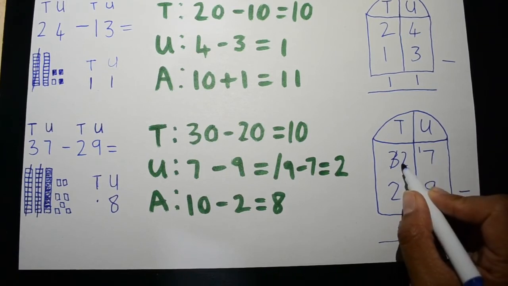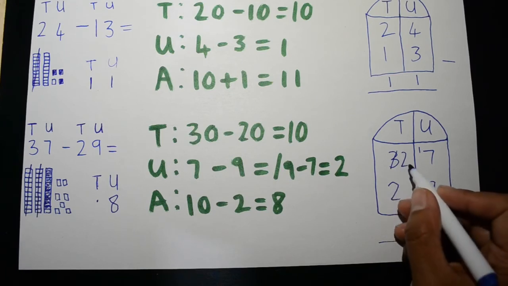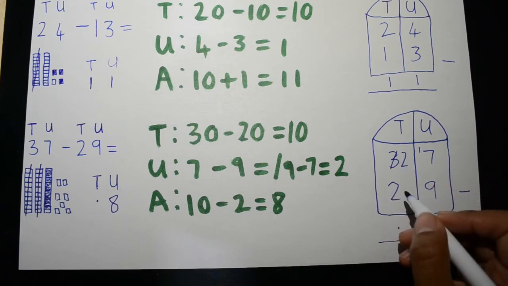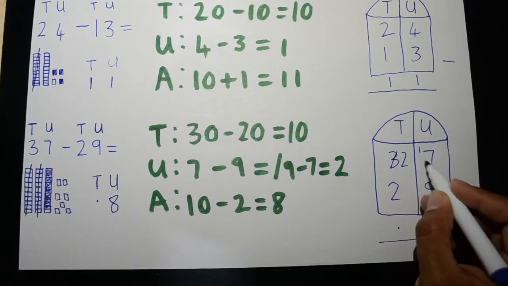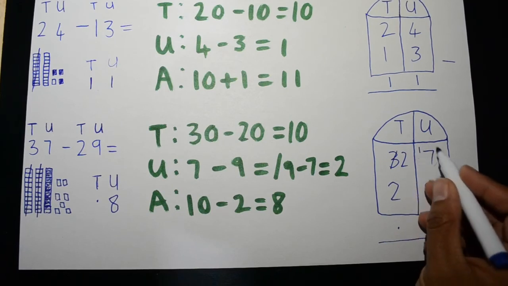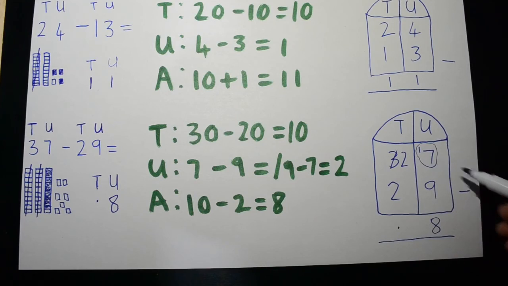So it's like saying 3 minus 1, or 3 tens take away 1 ten, you're left with 2. And then that 1 ten, I put it here, and that makes it 17. So now it's 17 minus 9, and you can work out the answer, and that is 8.